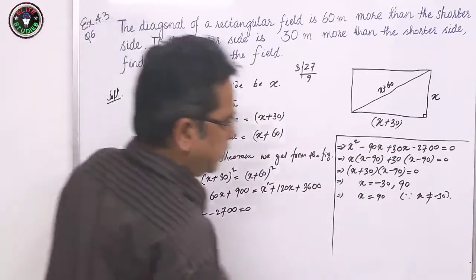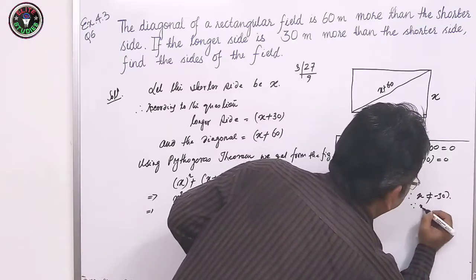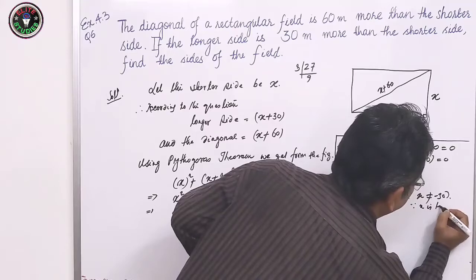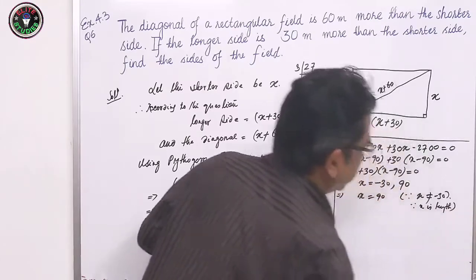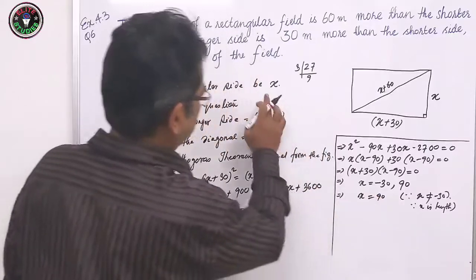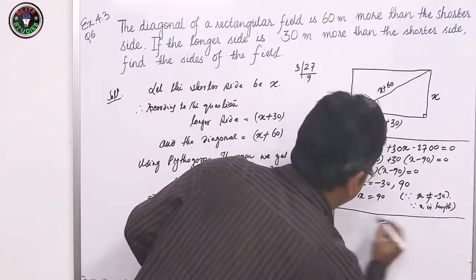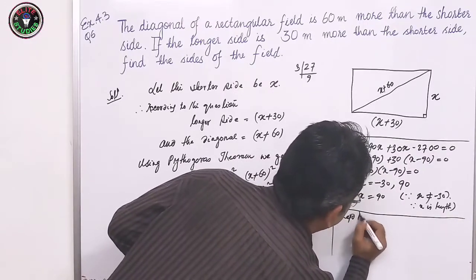Therefore x is equal to 90. We got x is equal to 90. So what is the required answer then?